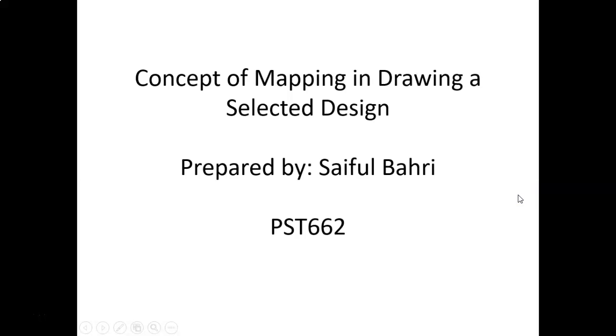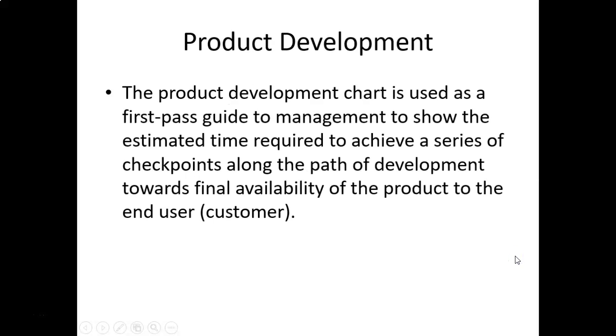All right. So we look at the content of chapter 1, which is the concept of mapping in drawing a selected design. These notes were prepared by Mr. Saiful previously. So we look at the first slide. What is product development?